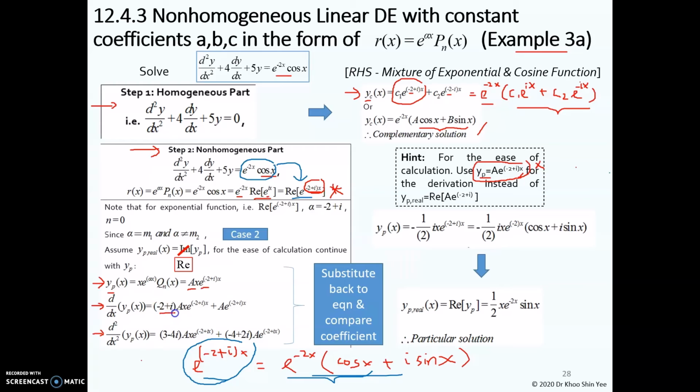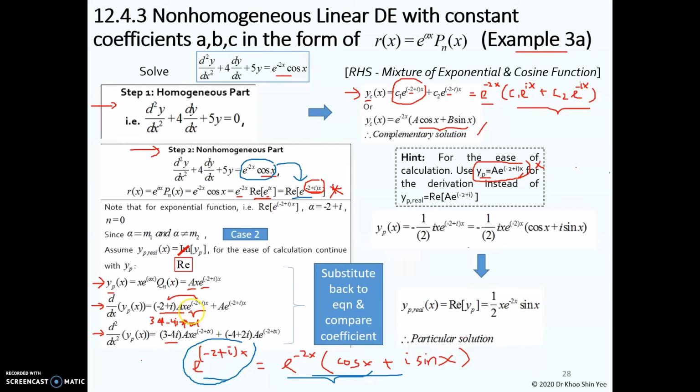We continue to keep this term constant and differentiate the exponential here, so the coefficient will multiply with this coefficient and you obtain 4 minus 4i plus i squared. So i squared gives you negative 1. 4 minus 1 gives you 3. With that you obtain 3 minus 4i, which is this term.